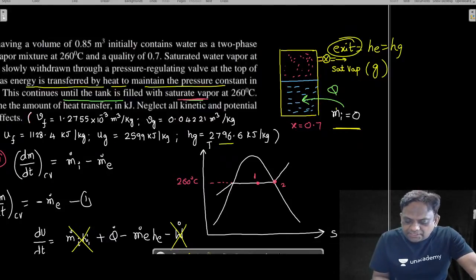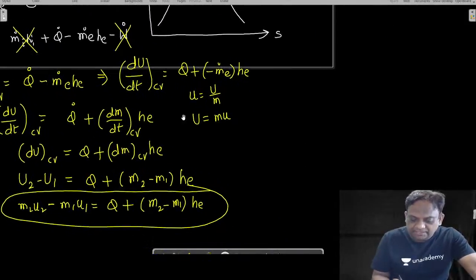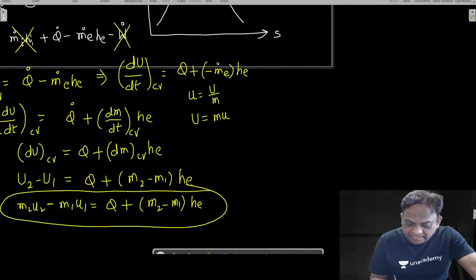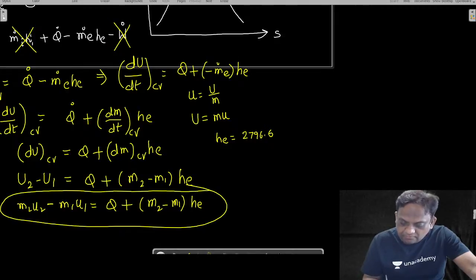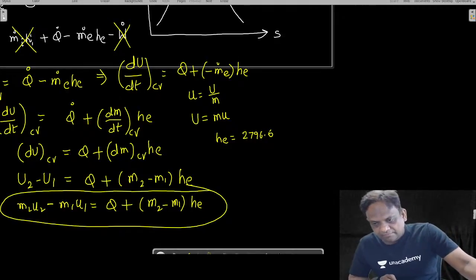Already Hg is given as 2796.6. So I will write this enthalpy He as 2796.6. Okay, no problem at all.